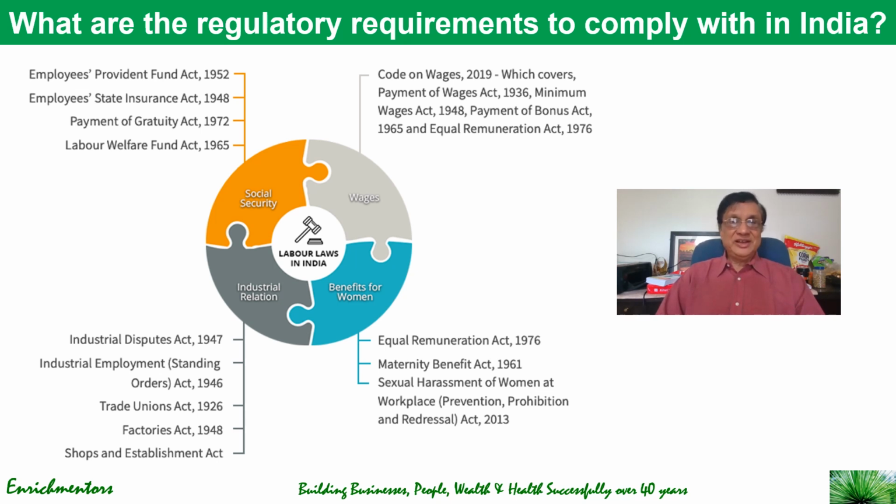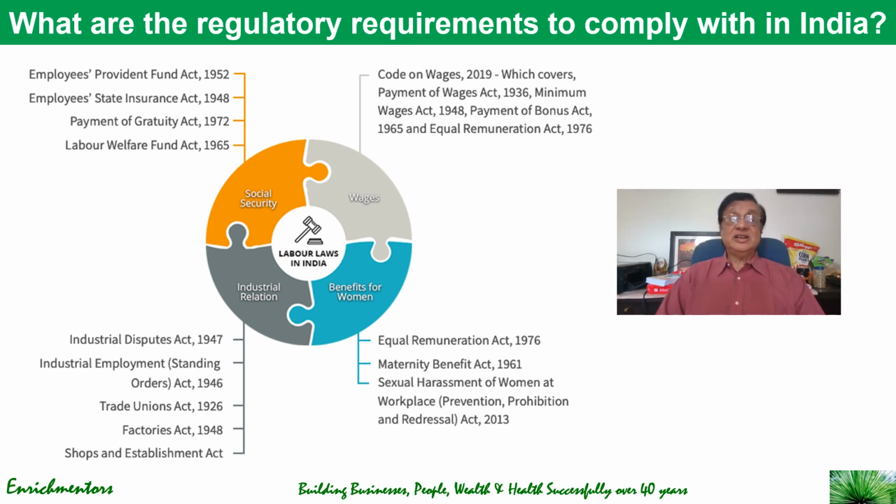Then if you are a factory, if you are an industrial firm, if you produce, then there are acts like Industrial Disputes Act of 1947, Industrial Employment Standing Orders Act 1946, Trade Union Act 1926, the Factories Act, which is a very wide spectrum and very important act for factories, from 1948. And there is the Shops and Establishment Act that you need to meet.